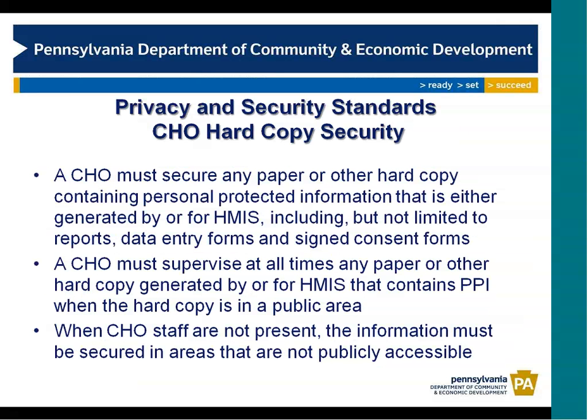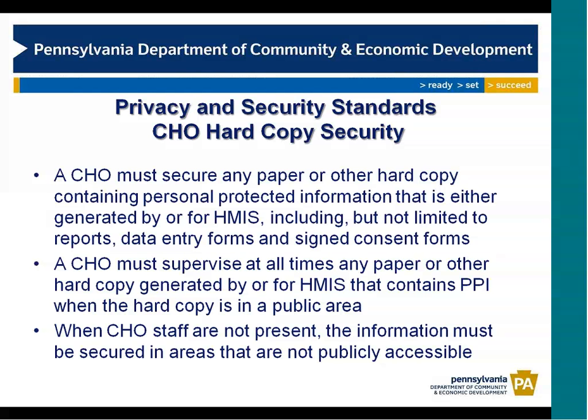Okay, the final one is the CHO hard copy security, and this relates directly to the paper files and paper information that must be kept alongside the electronic HMIS system. A CHO must secure any paper or hard copy containing personal protected information that is either generated by or for the HMIS system, including but not limited to reports, data entry forms, and signed consent forms.